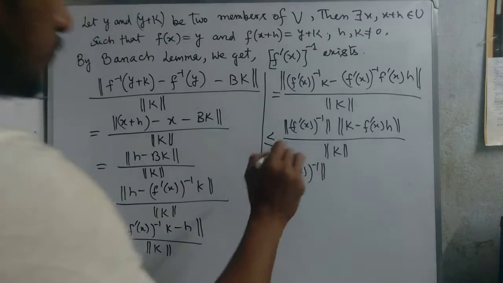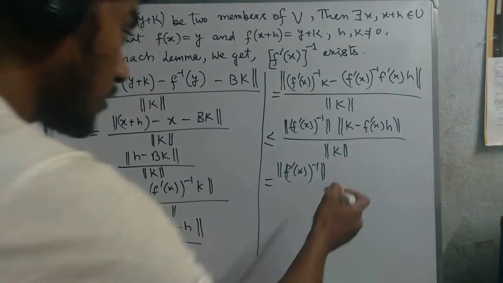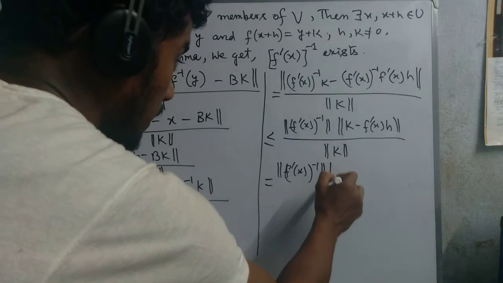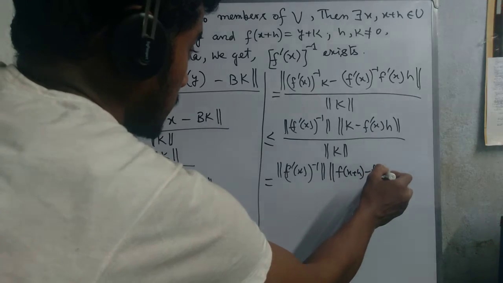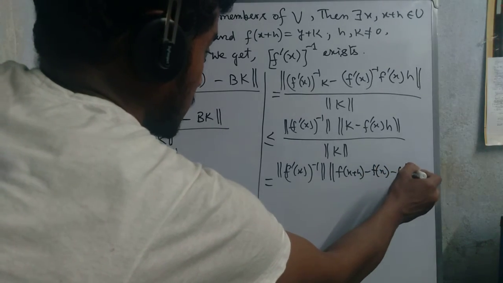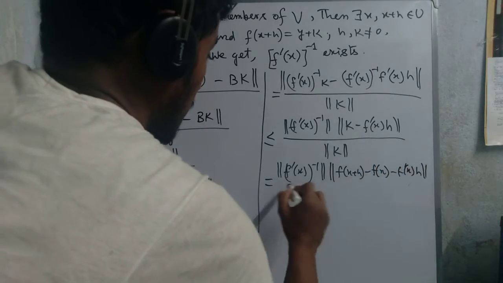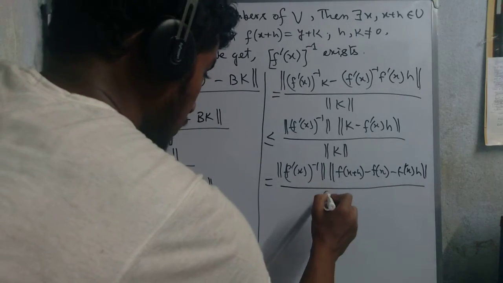This is equal to (f'(x))⁻¹, where k = f(x+h) − f(x), and f(x+h) − f(x) − f'(x)h, divided by the norm of k.